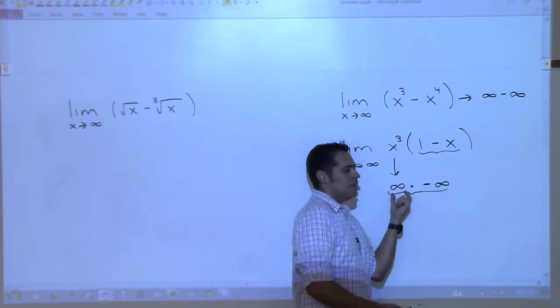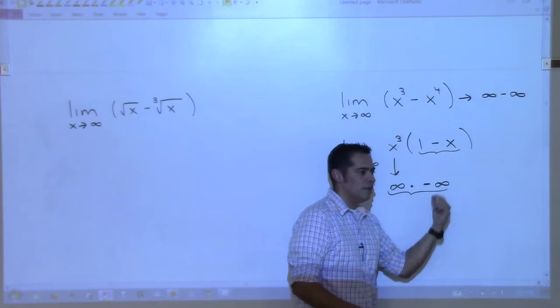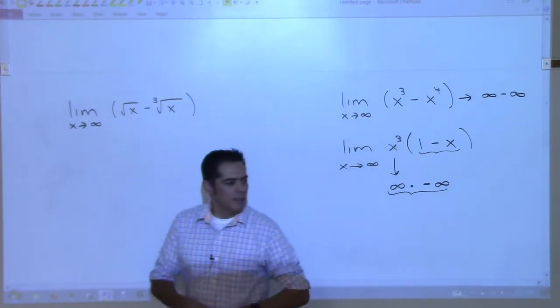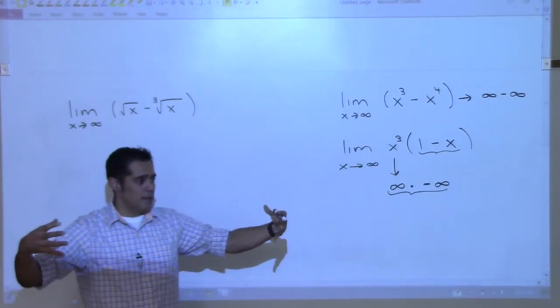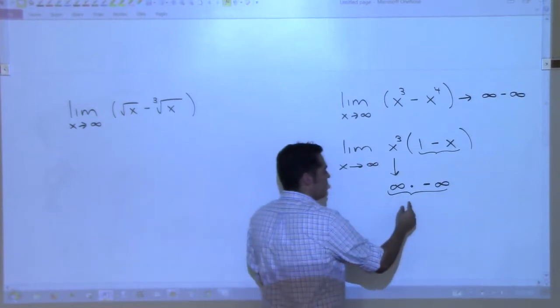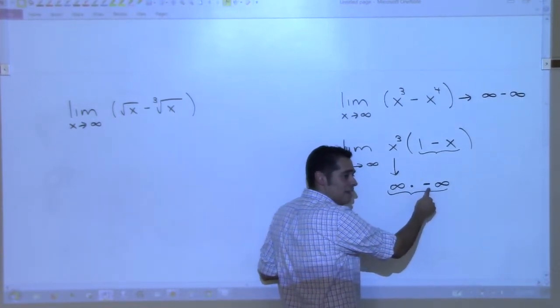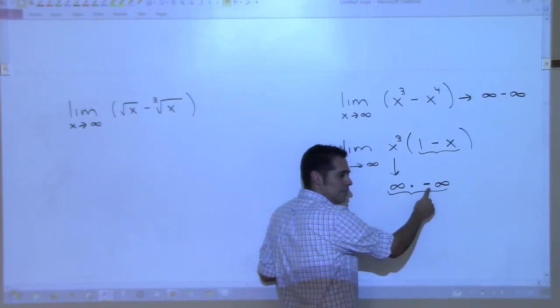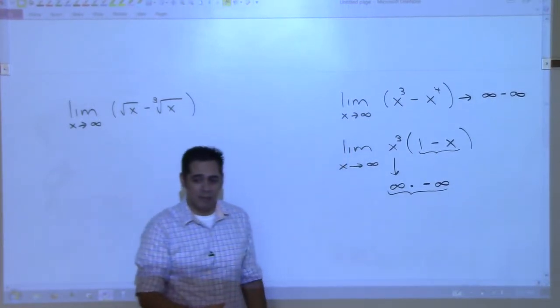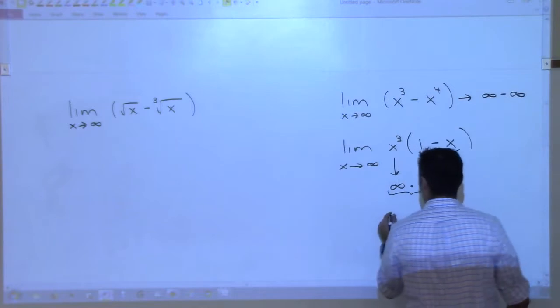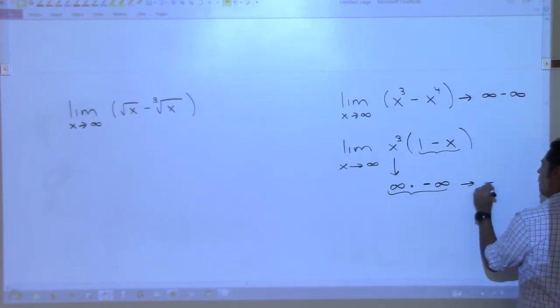So take a billion and multiply it by a negative trillion, and what's that number going to be? Big and negative, right? So when you have infinity times negative infinity, that's just negative infinity. Does that make sense to everyone? Yes. Okay, so this would be headed towards negative infinity.